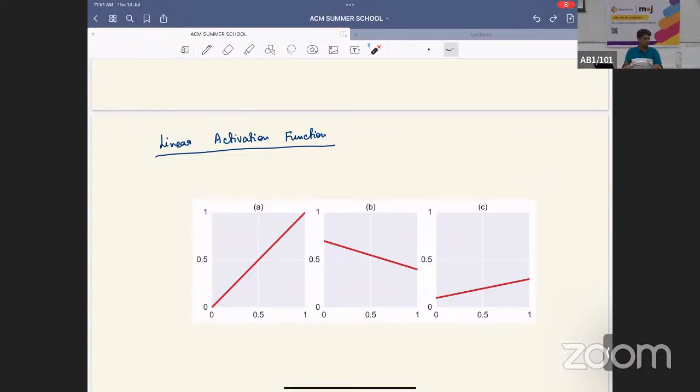Suppose you want to scale down the values of the output coming from the neurons of a particular layer. Then you use a linear activation function to just stretch or shrink the values and then feed it to a nonlinear activation function. So this serves that purpose.